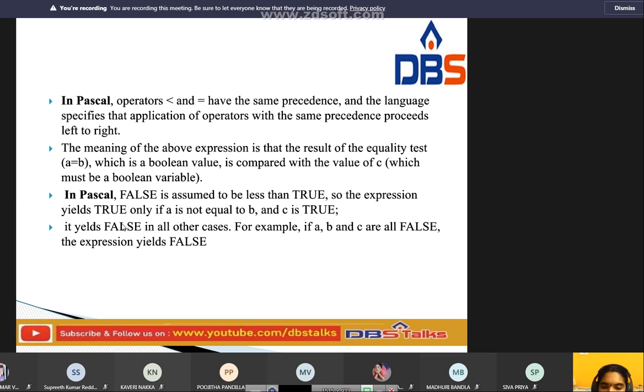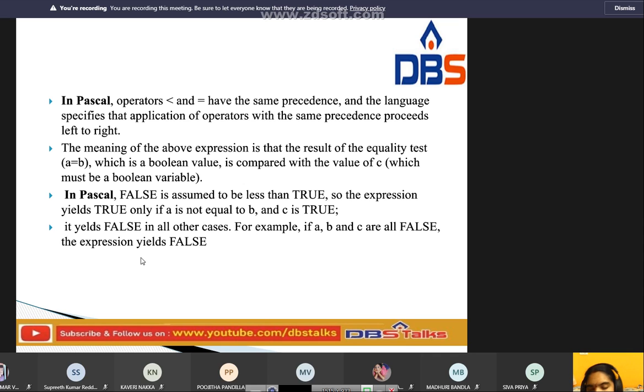So the expression yields true only if a is not equal to b and c is true. It yields false in all other cases. For example, if a, b, c are all false, the expression yields false.